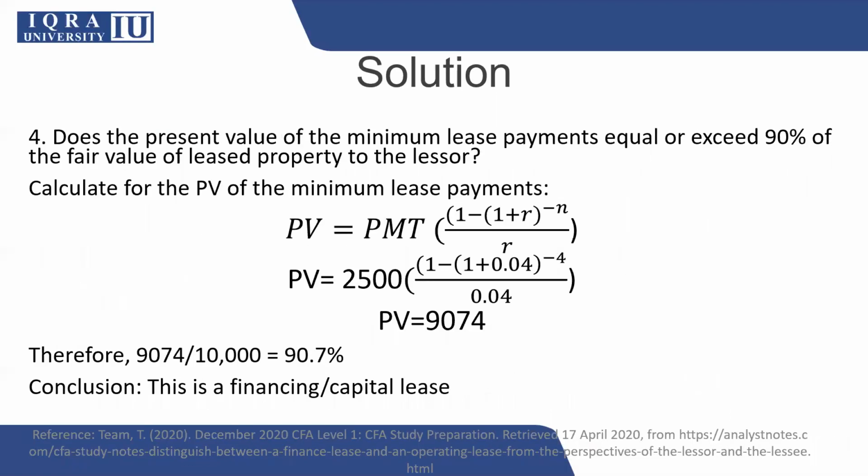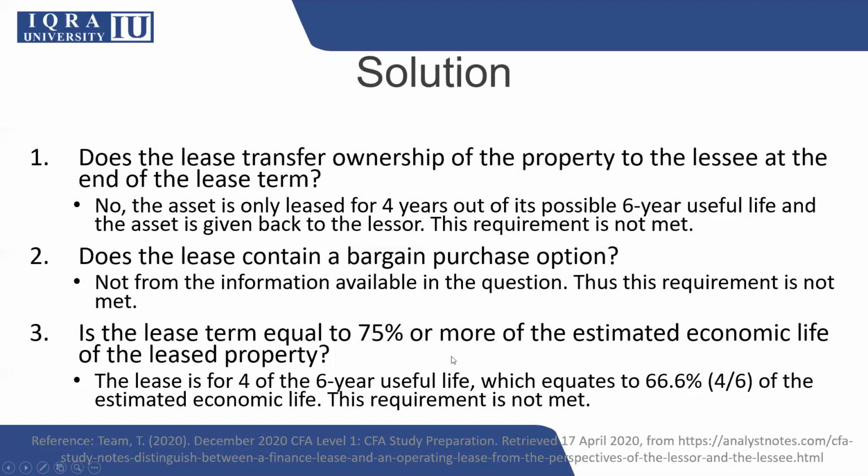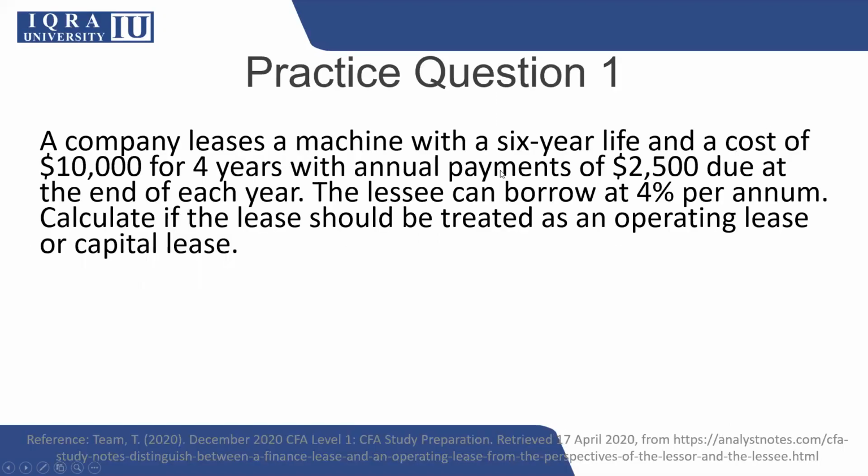The fourth condition which was required is that the present value of the minimum lease payments equals or exceeds 90% of the fair value of the property. So if we go back to the question and see what lease payment was decided, the company decided that they will pay 2,500 at the end of each year for the next 4 years, and the discount rate given in the question is 4%.